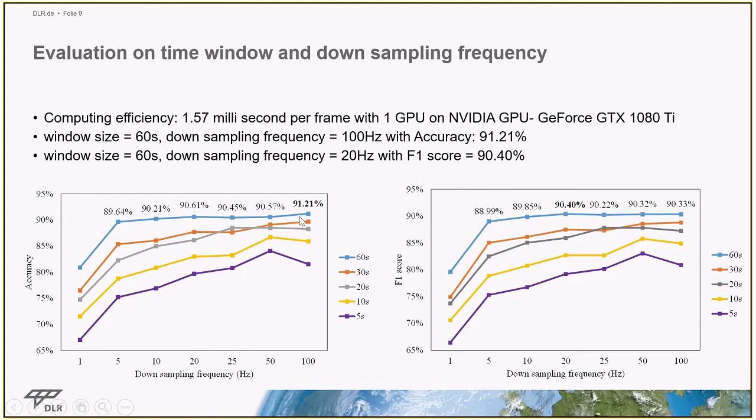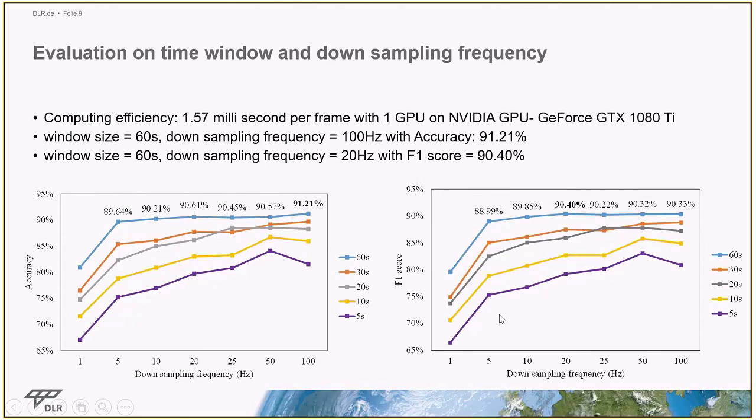When the window size is 60 seconds and downsampling frequency is 100 Hz, we get the highest accuracy with a value of 91.21%.